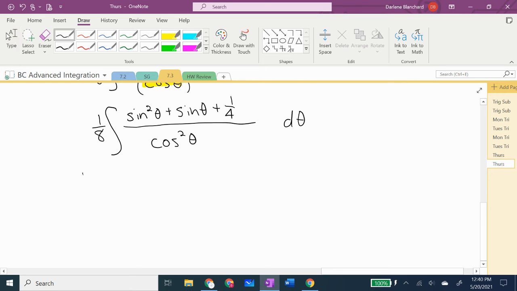Now, my denominator does not have addition subtraction, so I am able to distribute its division. I have sine squared over cosine squared plus sine over cosine squared plus 1/4 over cosine squared.